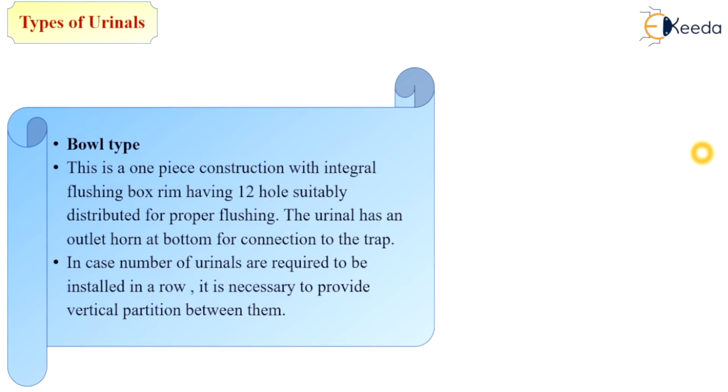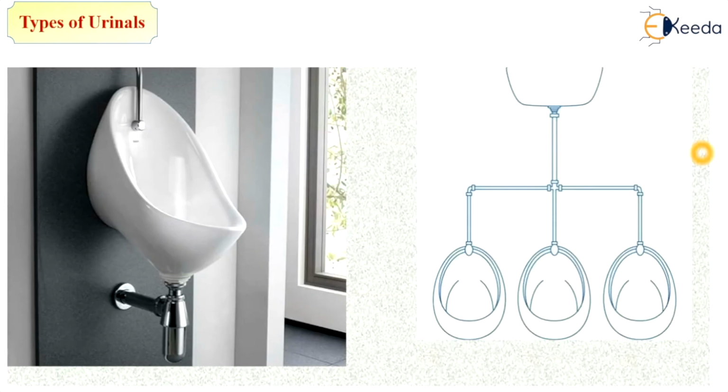In case a number of urinals are required to be installed in a row, it is necessary to provide a vertical partition wall between two urinals. So these are the types of urinals. We can install a number of urinals in one row with a partition wall in between, or we can install it as a single urinal pot.